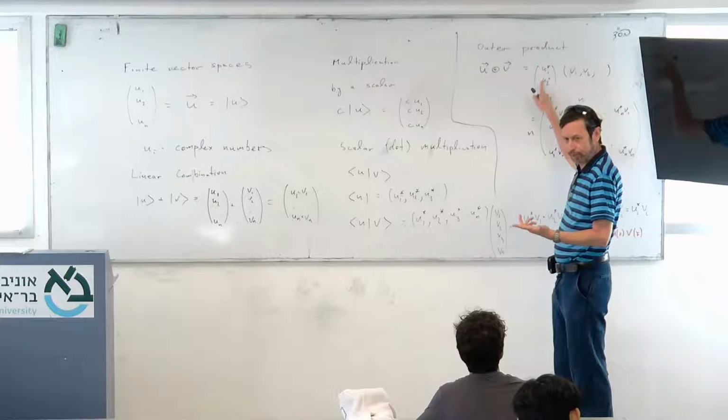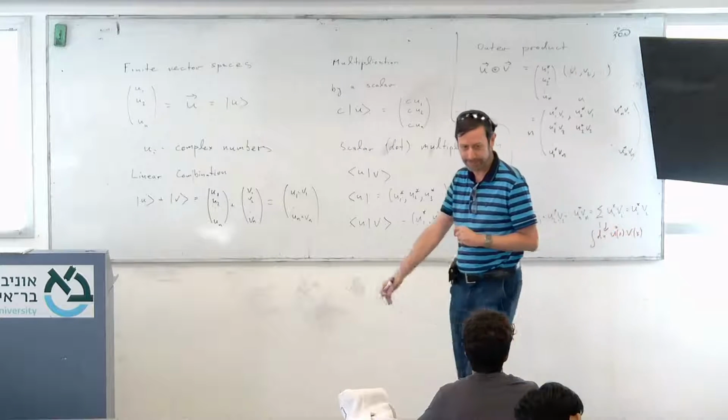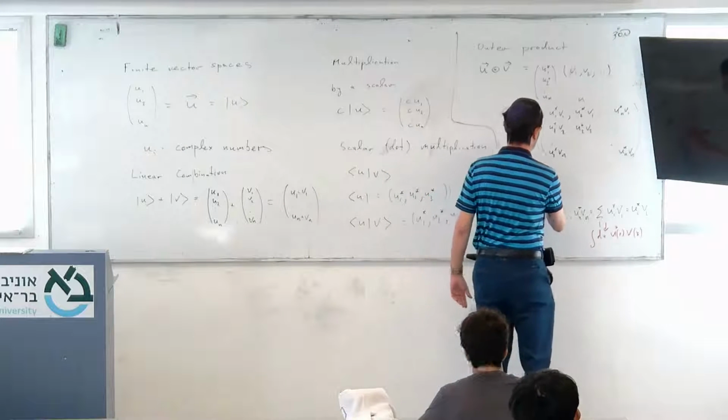So what happens with all the other cases? The same, but they're written down as a matrix. And this has a neat representation.